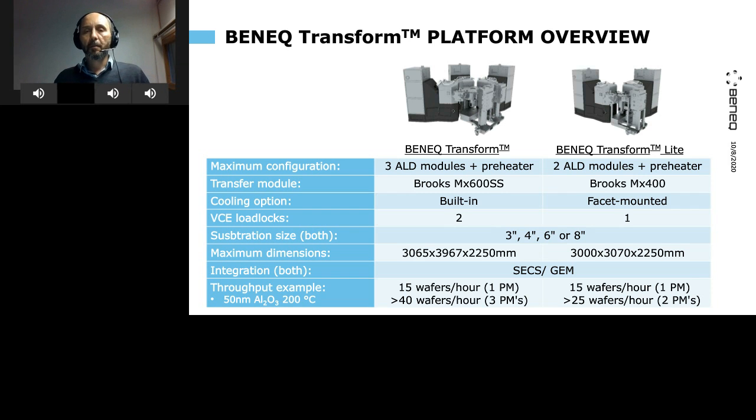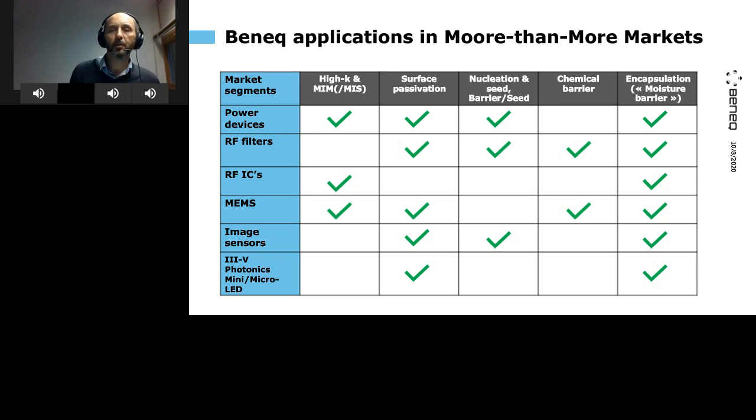Last but not least, for those of you who are getting excited and thinking that's a nice technology, where else are you using it? Obviously, advanced memory and logic is the core of ALD, a large part of the market. I just wanted to quickly show you that in addition to CMOS image sensors, Benck is active in growing markets such as power devices, RF filters, and photonics.